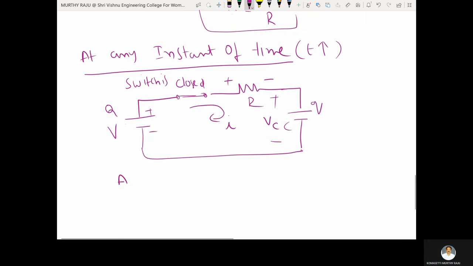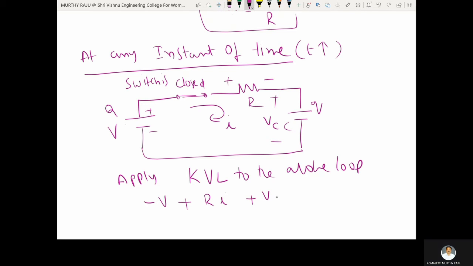Apply KVL. Apply Kirchhoff's voltage law to the above loop. Minus V plus R into I plus VC is equal to 0.